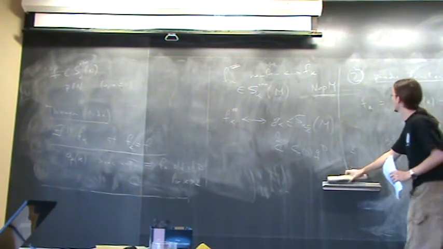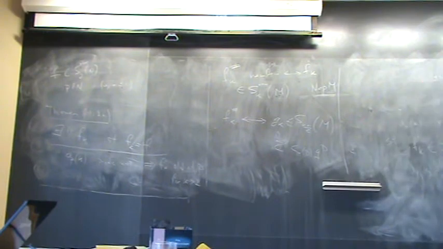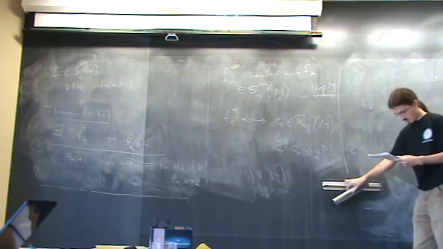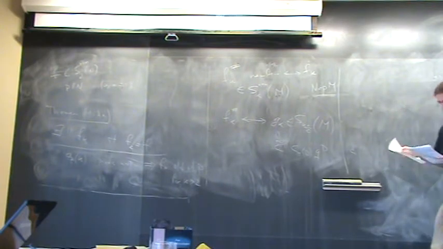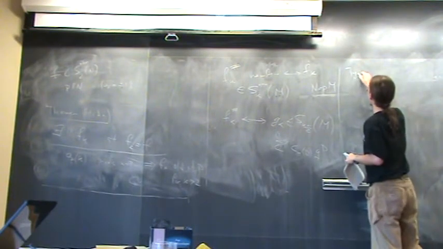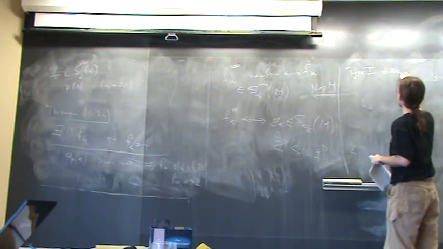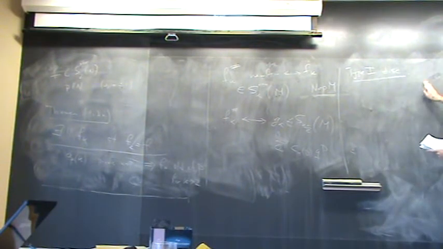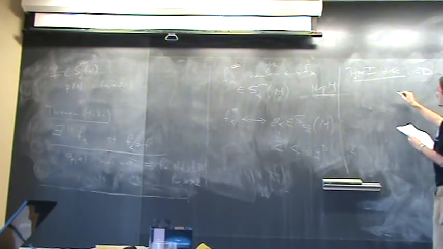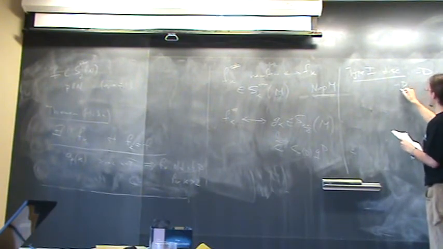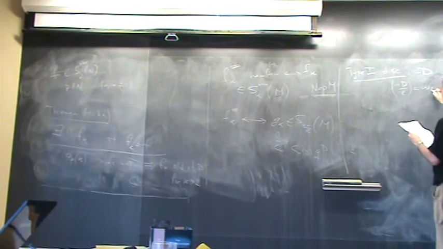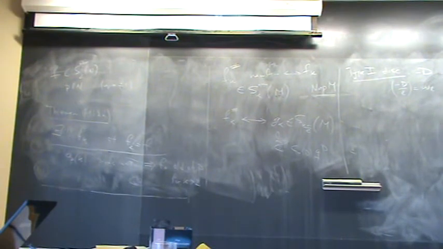We have twice as many discriminants for which Conant's formula works. I'm going to call type 1 discriminants the discriminants minus D such that minus D at l equals w_l for all l dividing N.